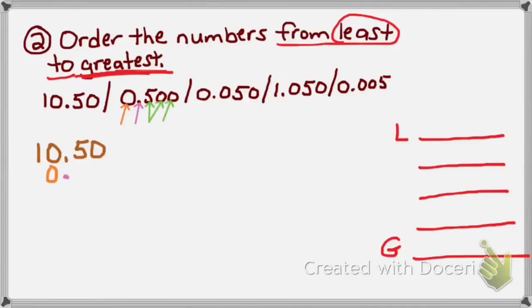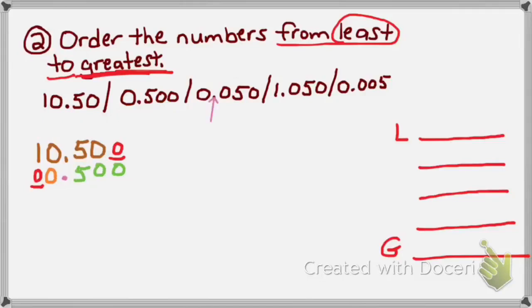To the right of the decimal I have 500, so I'll write 500. I check to make sure my columns are equal. This first column only has 1 digit and it should have 2, so I put a place value 0 and underline it. Next column has 2, that's good. This column only has 1, so I put a place value 0 and underline it. I'm ready to move on to my next number.